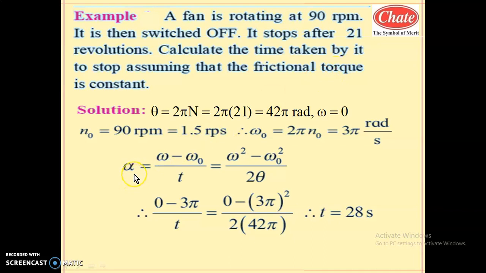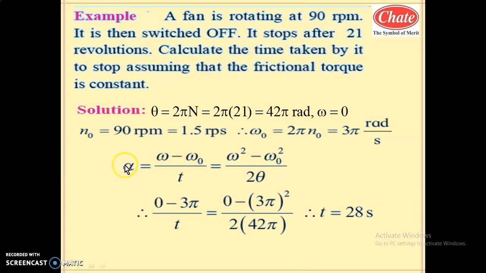From the first kinematical equation, alpha is omega minus omega naught by t. This is using the first equation of motion in rotational motion. By using this, you get the relation between time and alpha.